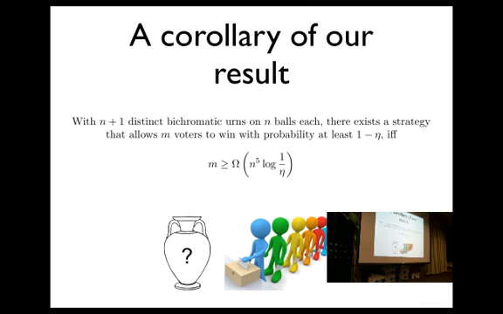So one of the corollaries of our result is that if you have, say, n plus 1 distinct urns, so basically a 0 blue balls urn, and then 1 red and n minus 1 blue, 2 red and n minus 2 blue, up to n red and 0 blue, then there exists a strategy that allows n voters to win with probability at least 1 minus eta if and only if the number of voters is at least n to the 5th times log 1 over eta, and this is tight. So if you have this many voters, then you will win with probability 1 minus eta, and if you have fewer of them, then there's no strategy that would work.